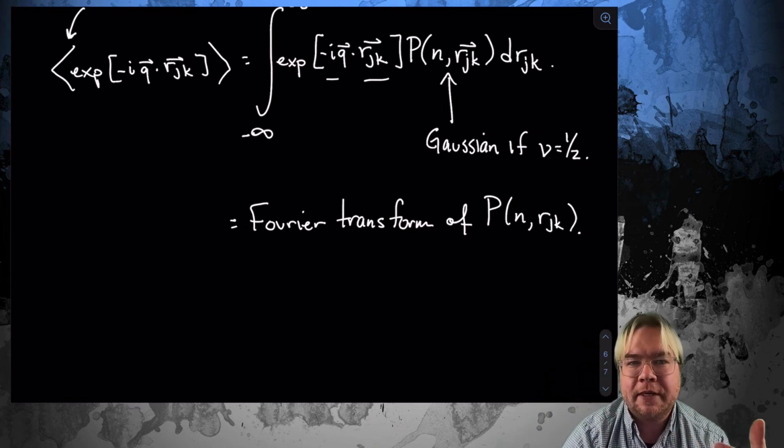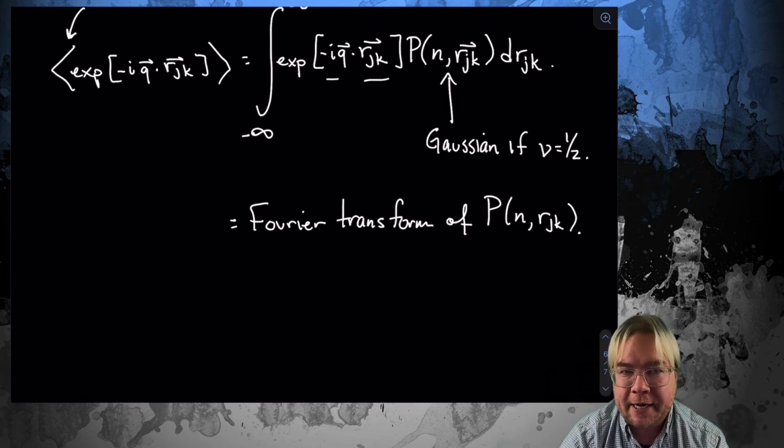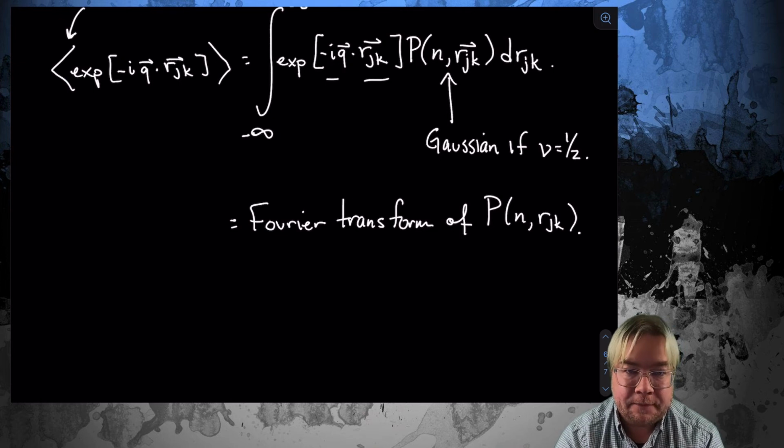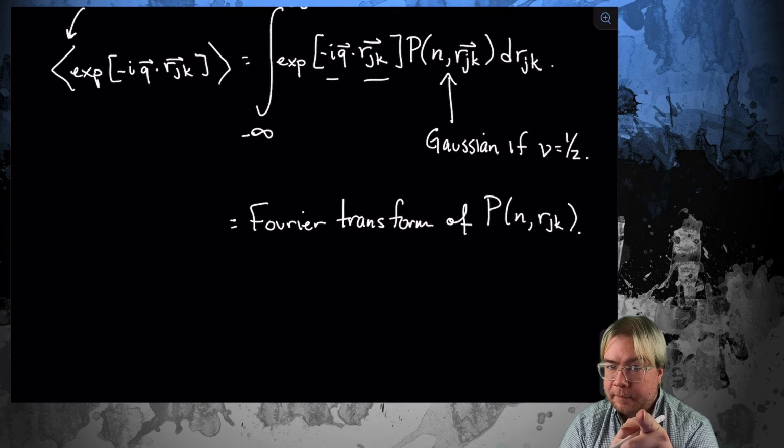So we're moving from something that's given in terms of r_jk to something that's going to be given in terms of q. You can look this up, or you can do it. I'm not going to do it here. Again, we're going to skip some of these details. But you could look up what the Fourier transform of a Gaussian is, and you'll find that the Fourier transform of a Gaussian is a Gaussian.